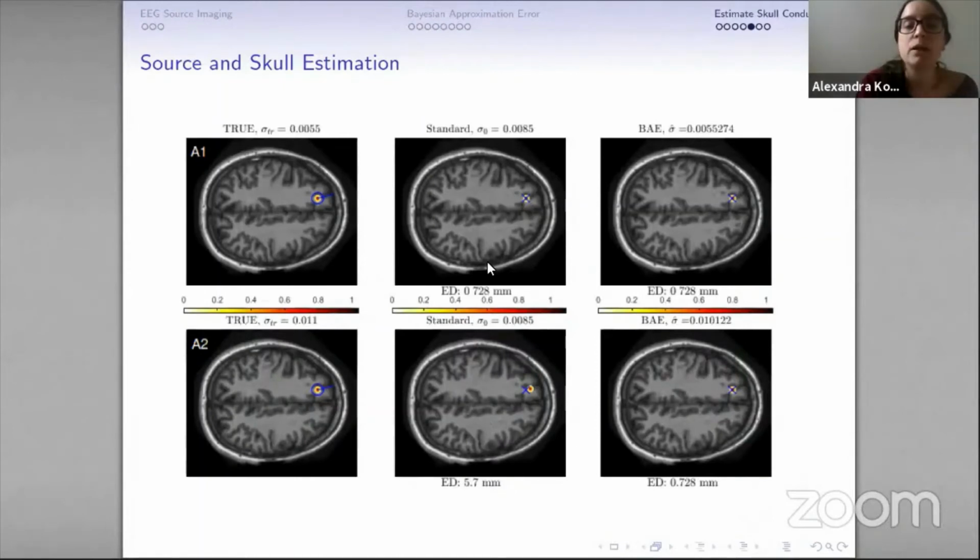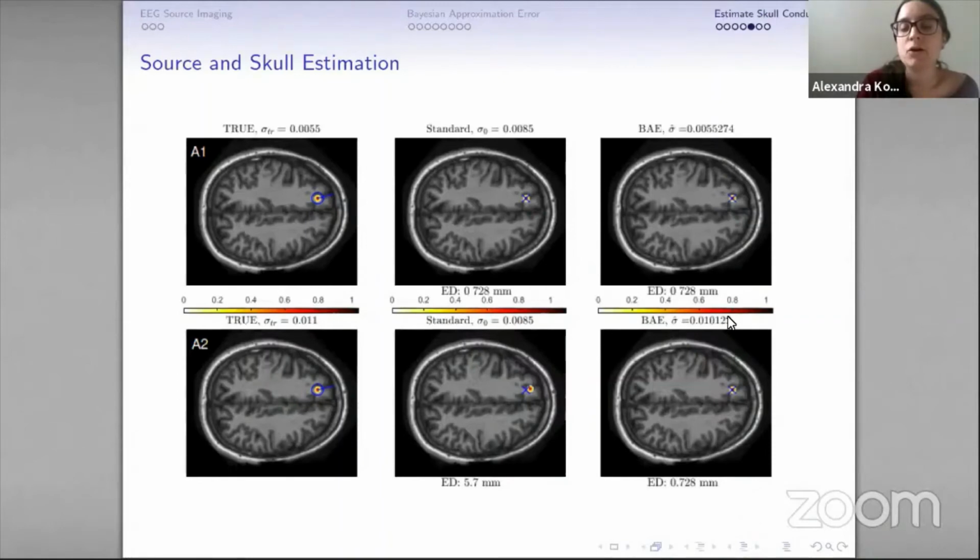We use this simple maximum likelihood to reconstruct the source location. Here are the two cases, and here not only the location but also the conductivity value.